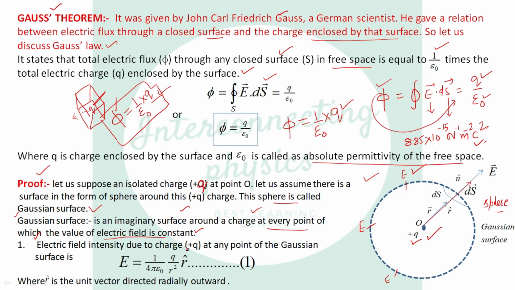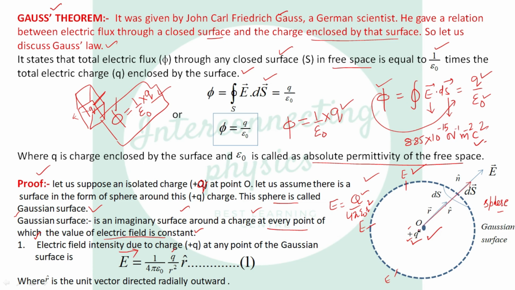Now step number 1. The electric field intensity due to the plus Q charge at any point on the Gaussian surface. We know the formula: the electric field due to a point charge is Q divided by 4 pi epsilon naught R square. So we use this formula here. Here Q is plus Q. So we write plus Q divided by R square, and the R unit vector, R cap, which is radially outward.